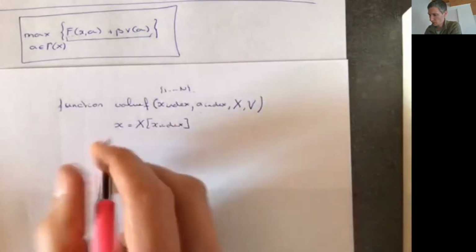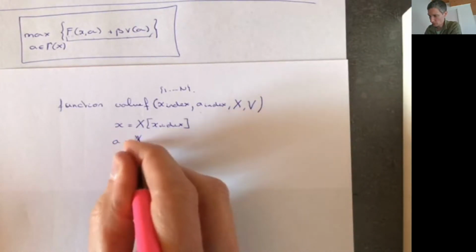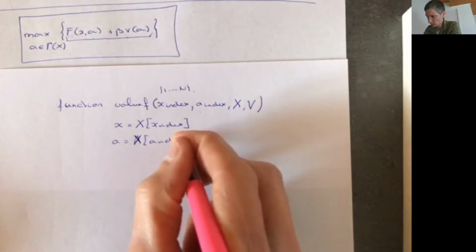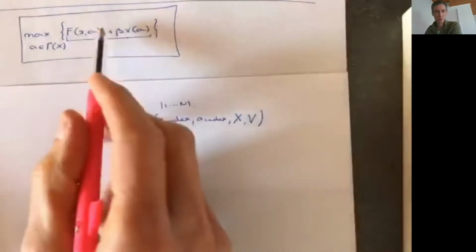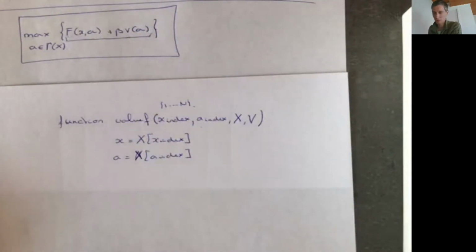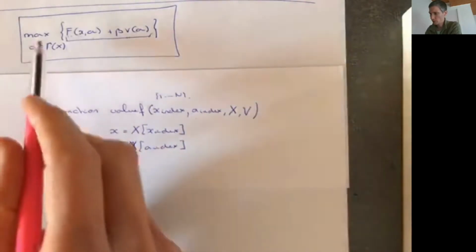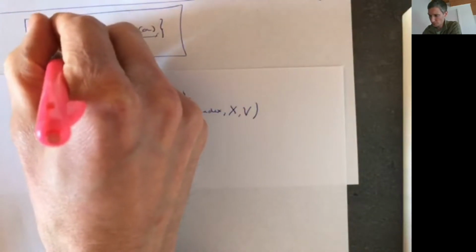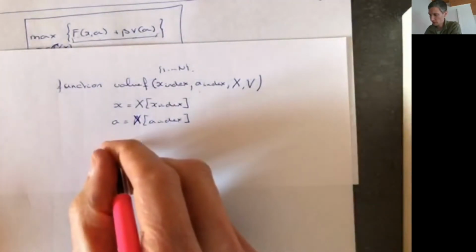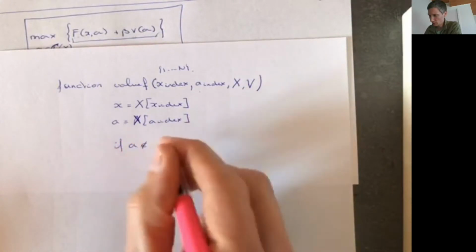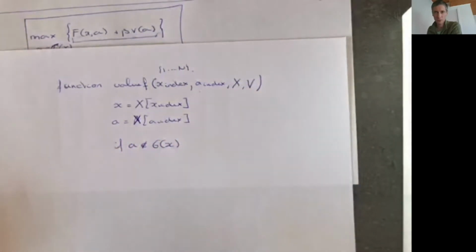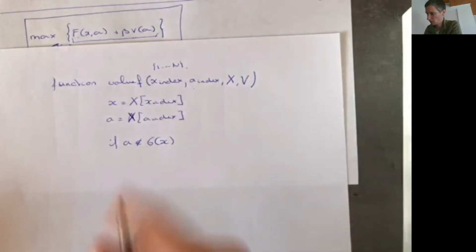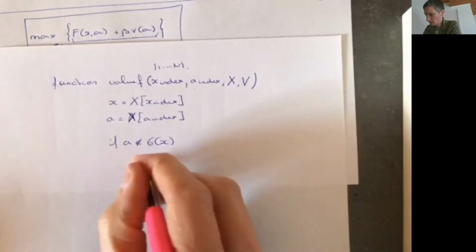My a is also from the vector x, at a index. Then I have to compute this, but this is not so difficult. First of all, I have to make sure that a is in, not Gamma, but g of x. This depends on how g of x looks like, so I probably have to write something else here.